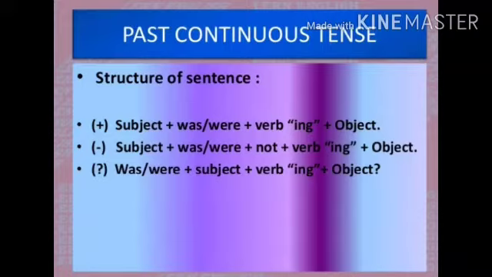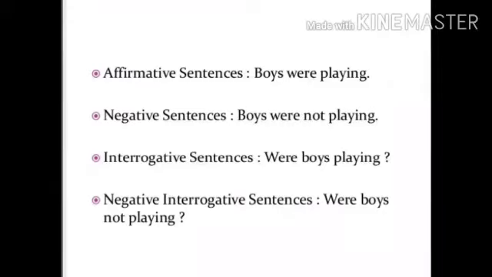Let's move towards the example to understand it more clearly. As you can see here, we have the affirmative sentence: boys were playing. So boys is our subject. Afterwards we are using here were as the helping verb of past continuous. Why are we using were here?